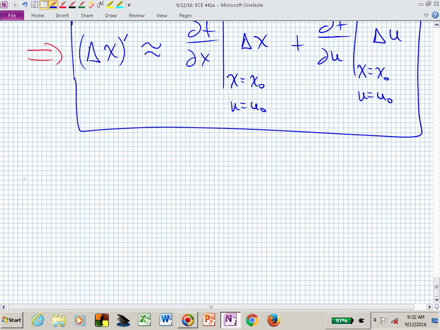I promised we would go back. So let's go back to the example. And here, f of x, u was 2x squared plus u.